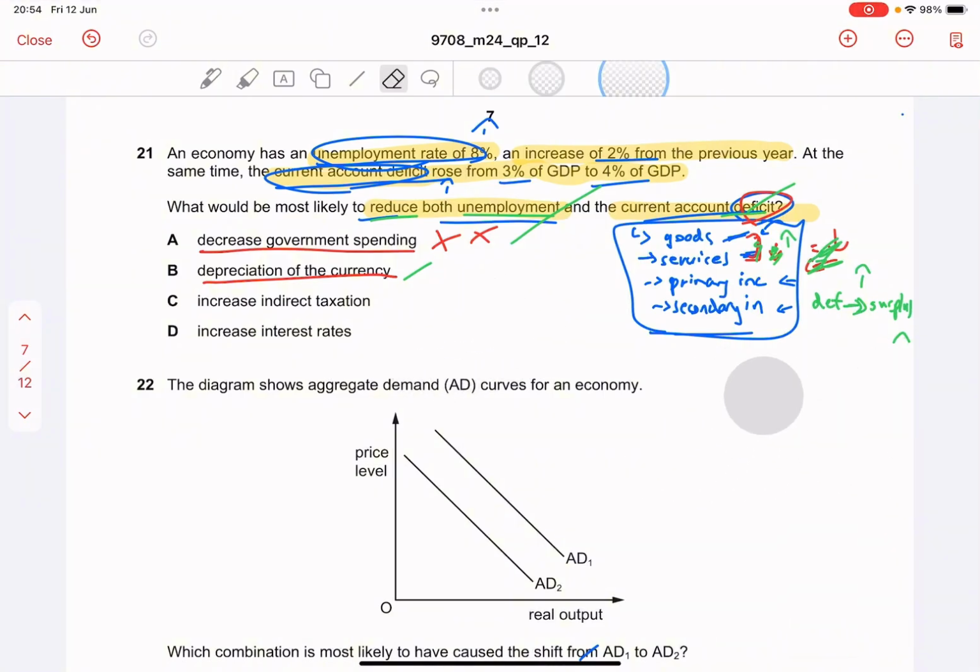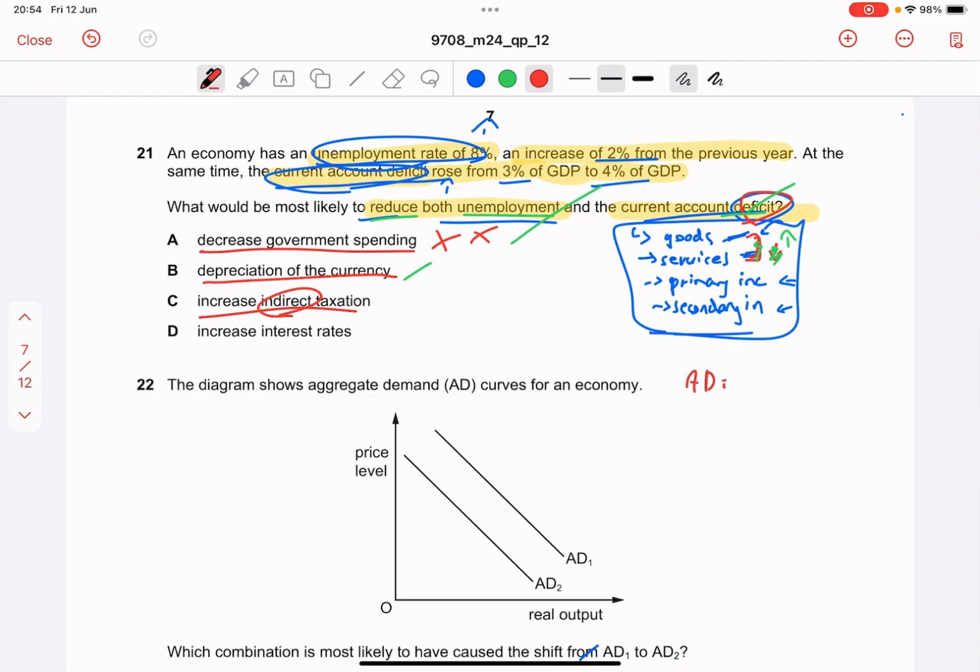So now the next one says increase indirect taxation. What is indirect taxation? Indirect taxation refers to taxes on goods and services. So that would basically make your goods and services more expensive. The components of aggregate demand are consumption, investment, government spending, and net exports, right?